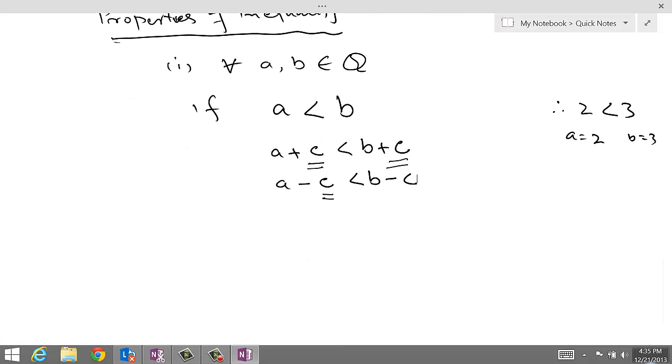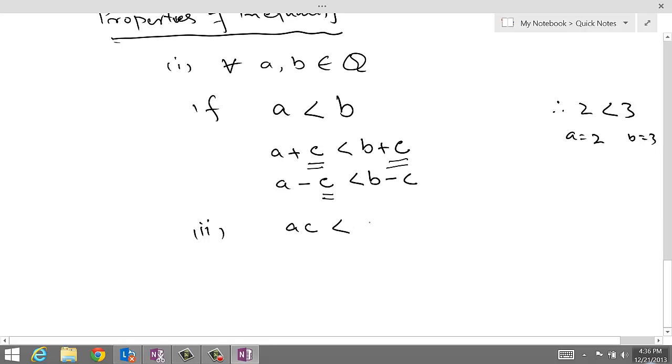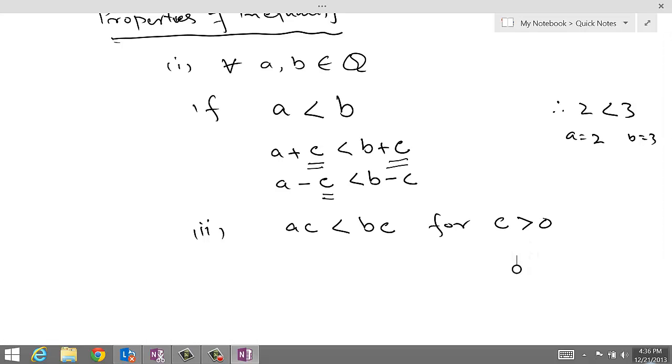With respect to multiplication, ac is less than bc for c greater than 0, which means this property will only hold for positive values.